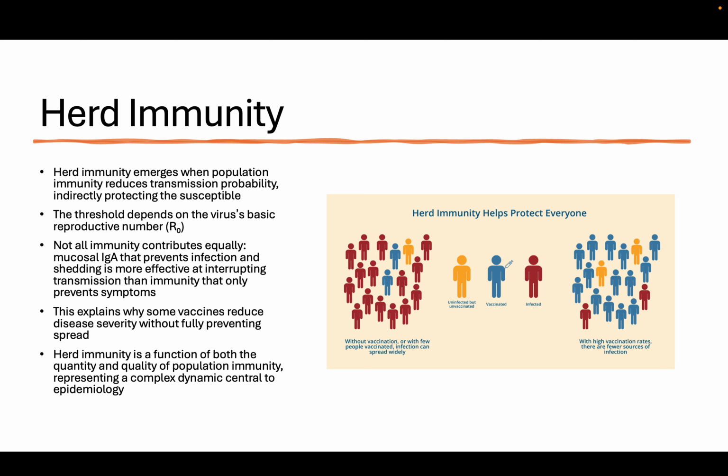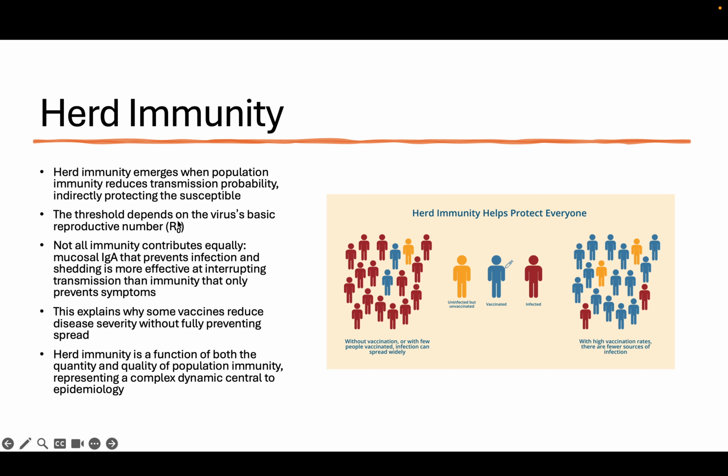Some viruses have a lower reproductive number. If you have a reproductive number of 1, meaning one infected person can only infect one person, the threshold of how many people you need for herd immunity is lower, because you're only infecting one person.